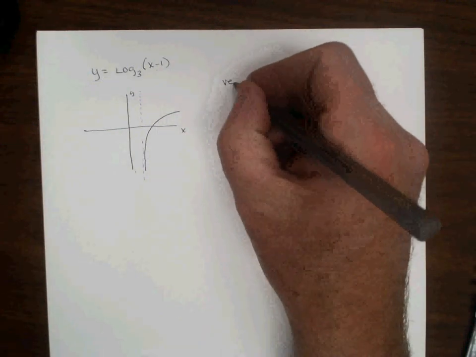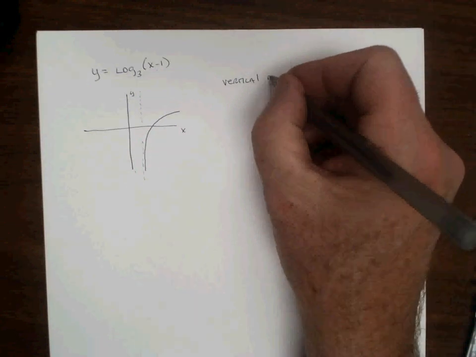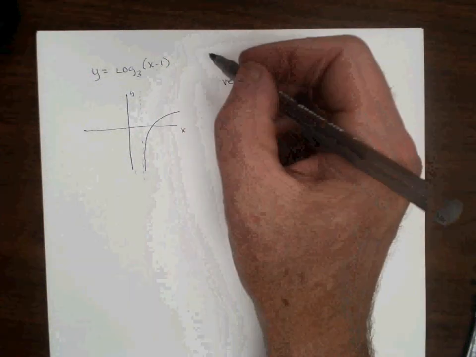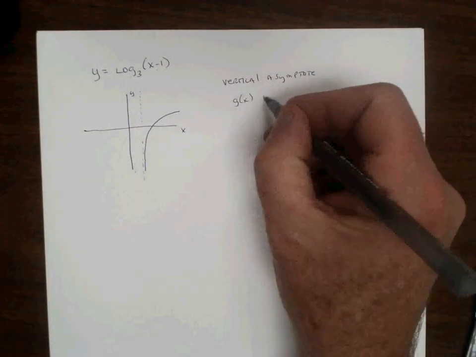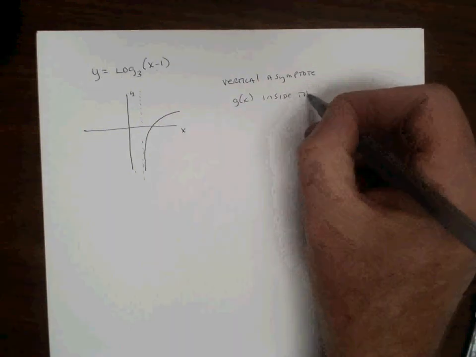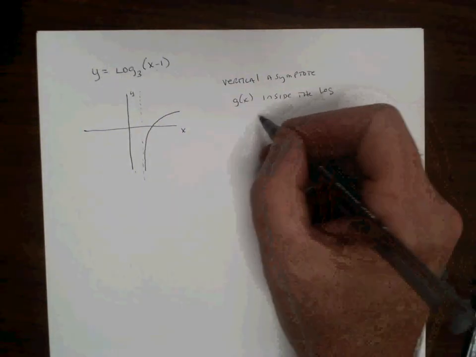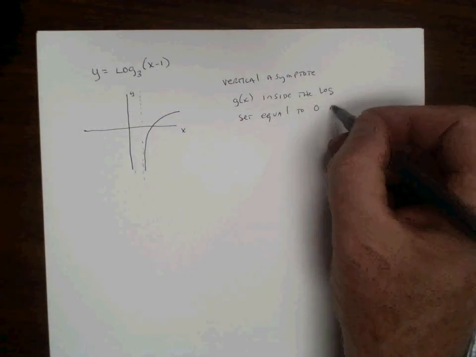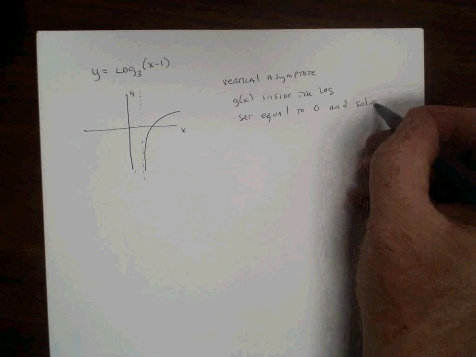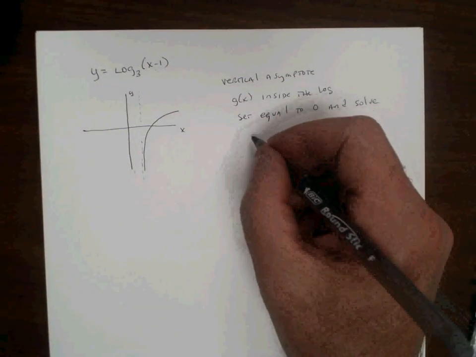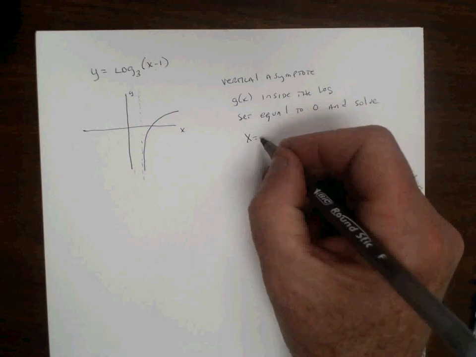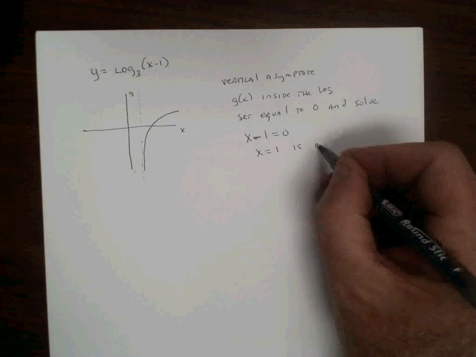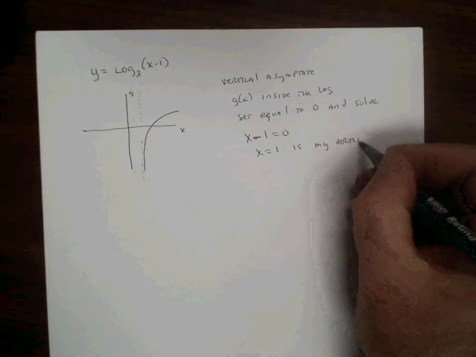So the way that you can identify the vertical asymptote on these logarithmic functions is you take that g of x that's inside the log, set it equal to 0, and solve. So in this case, x minus 1 equals 0, x equals 1 is my vertical asymptote.